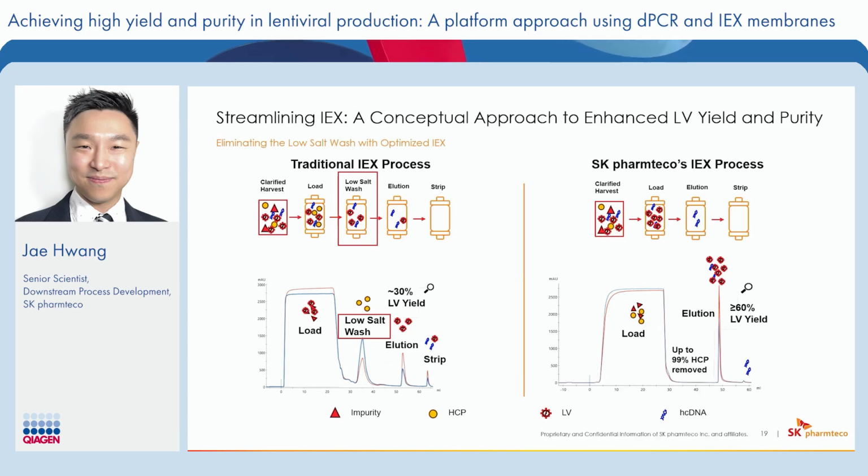This innovative design prevents impurity proteins from binding to the anion exchange matrix in the first place, effectively achieving up to 99% whole cell protein removal. This crucial optimization allows more lentiviral vector to bind, significantly increasing the recovery by twofold or even higher, leading to overall lenti yields of minimum 60%.